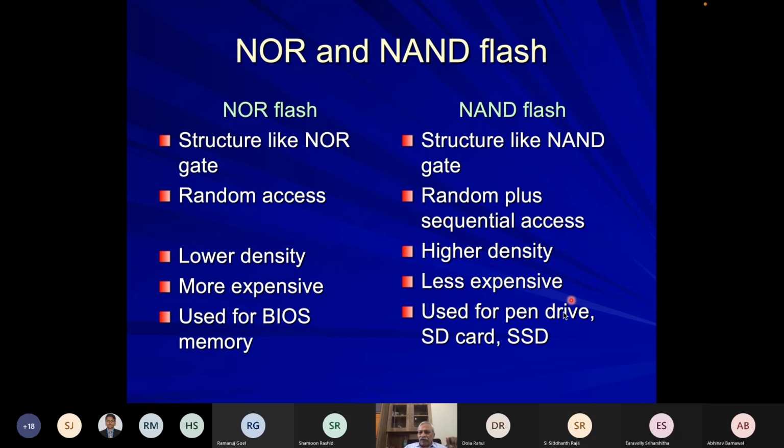So NAND flash is used for pen drives, SD cards, and solid state disk drives, because of its higher density, and the sequential access can be tolerated here. Memory used for booting is NOR flash, because that has to be randomly accessed like normal SDRAM, DRAM or SRAM.